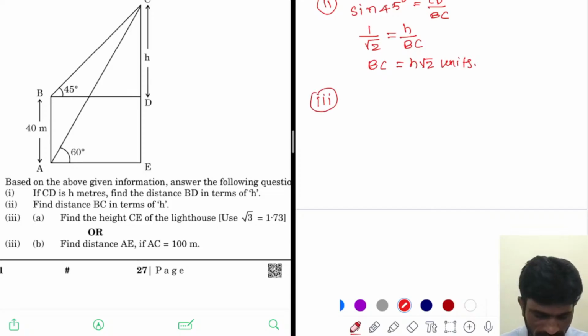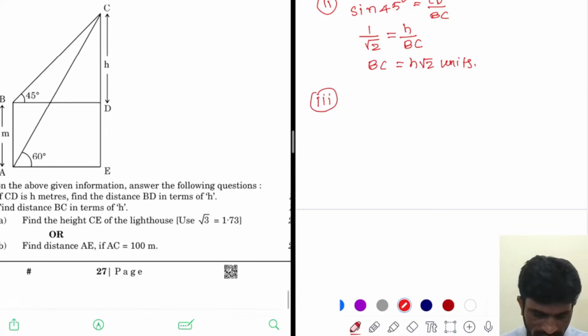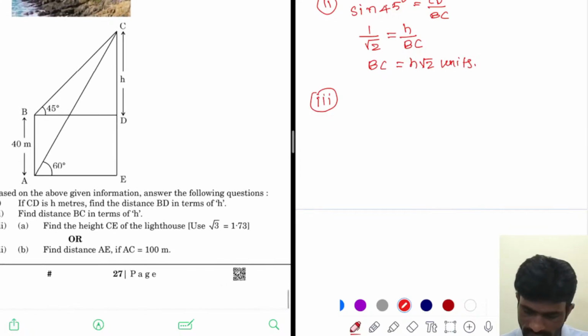Third question, they are asking to find the height CE of the lighthouse. We want CE, so you have a triangle like this. When you want CE, we have to take this big triangle.